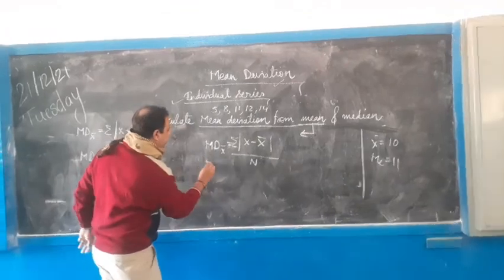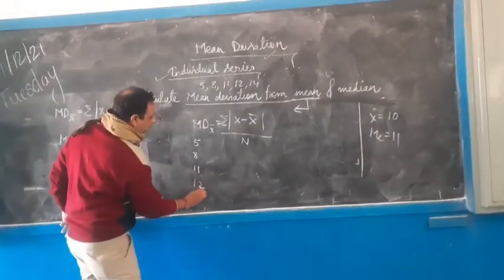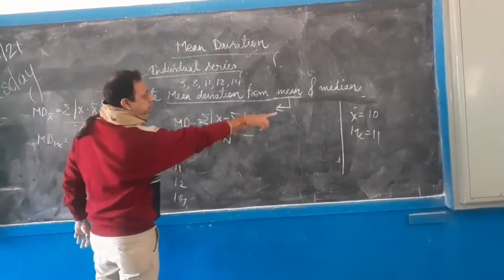Our data is 5, 8, 11, 12, 14. This is our x, and x bar is 10.